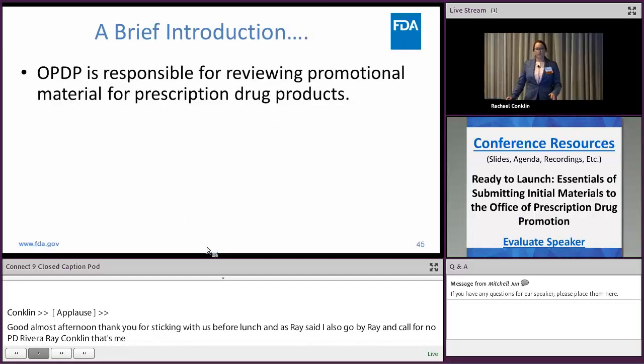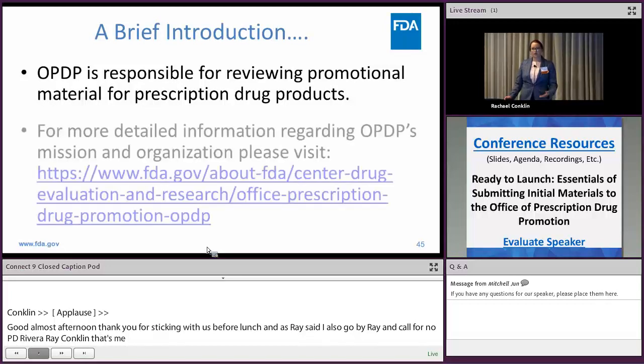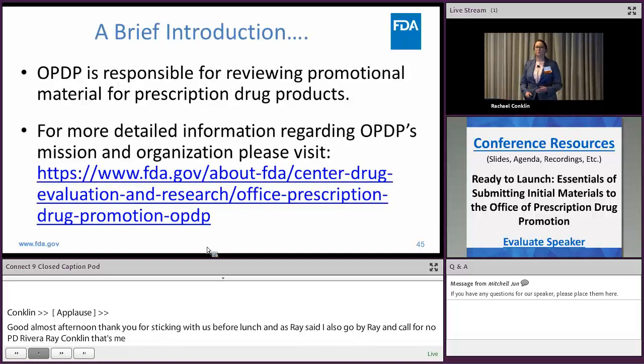And so OPDP is responsible for reviewing promotional material for prescription drug products. And that means that we review a broad array of materials that come in. And the review process is different for different types of materials. There are different requirements for different types of submissions that come in.